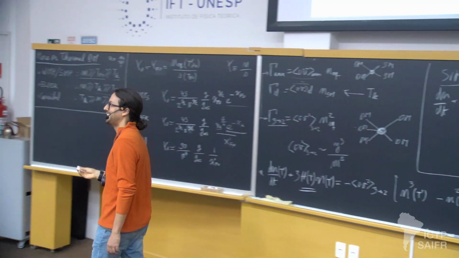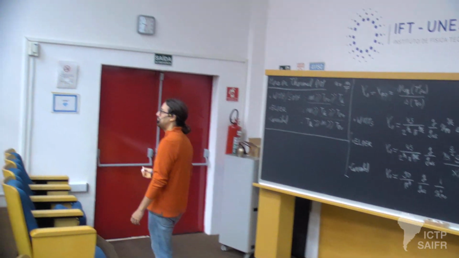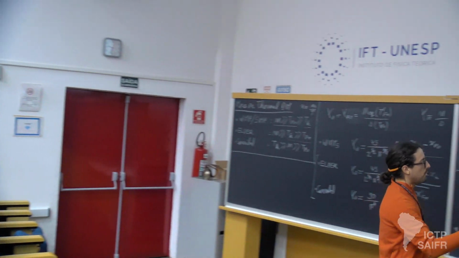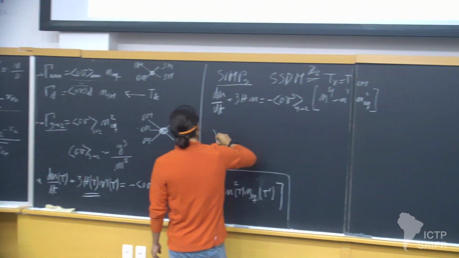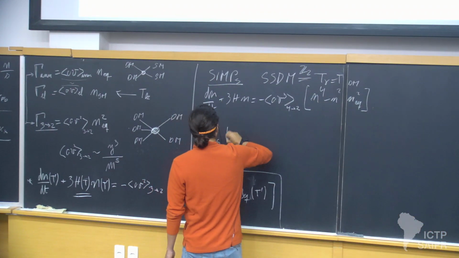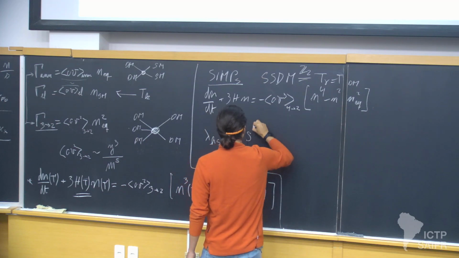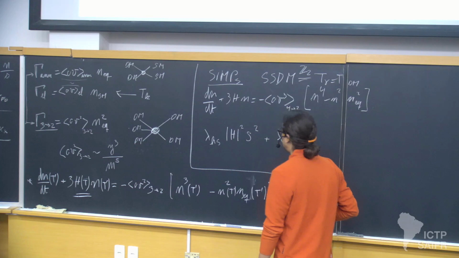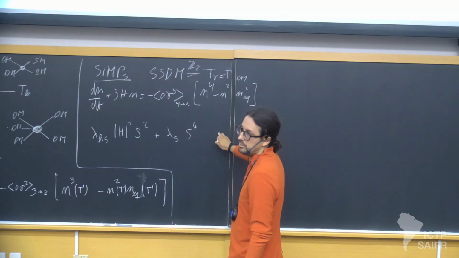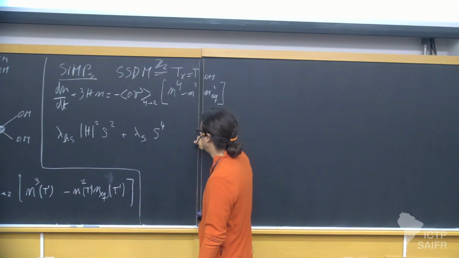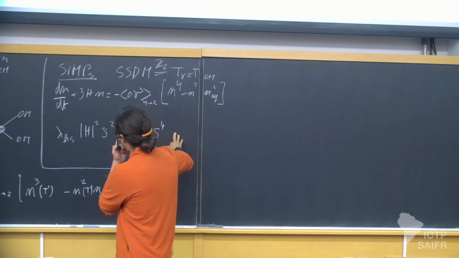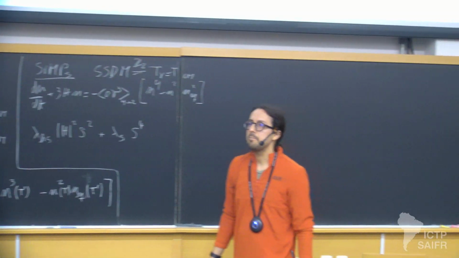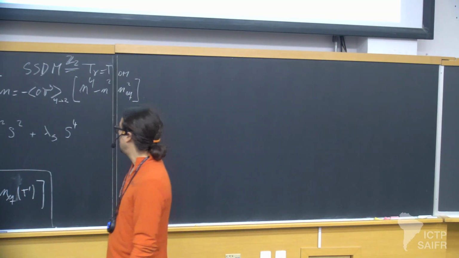No, I was just thinking because of the mixing with the Higgs. Here, remember, we have the Higgs portal, H squared S squared, plus lambda S to the power 4. That's it, and the mass. Yes, because of the choice of symmetry we have only these two parameters.